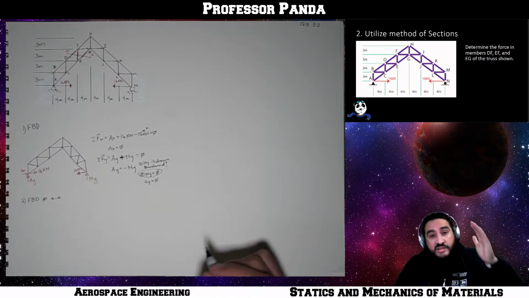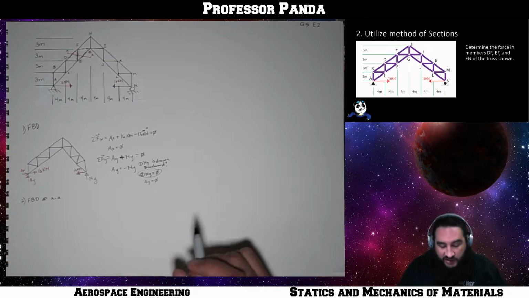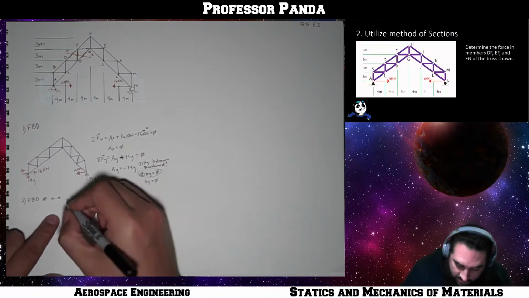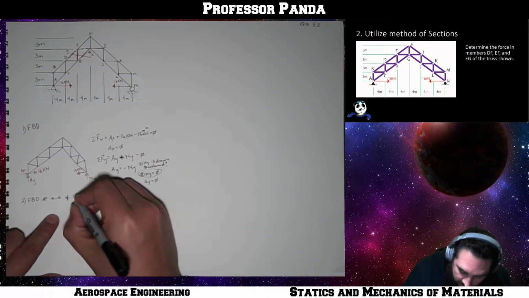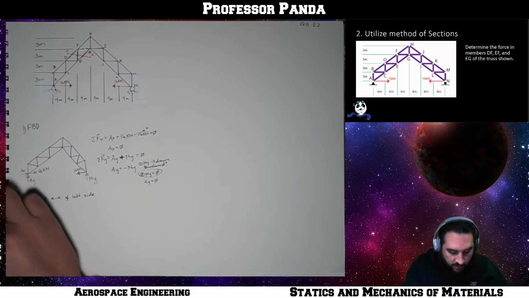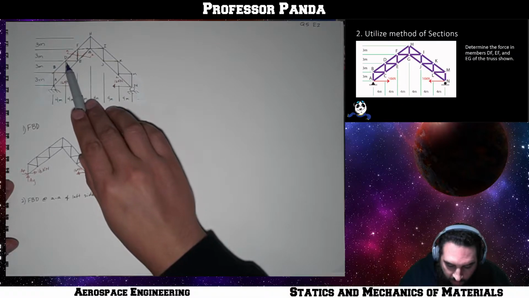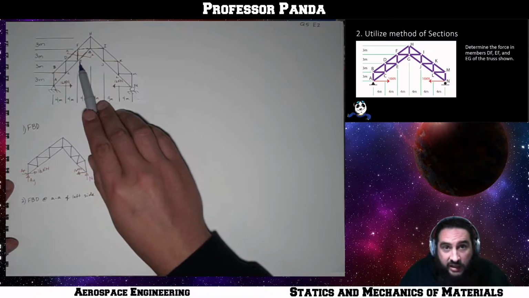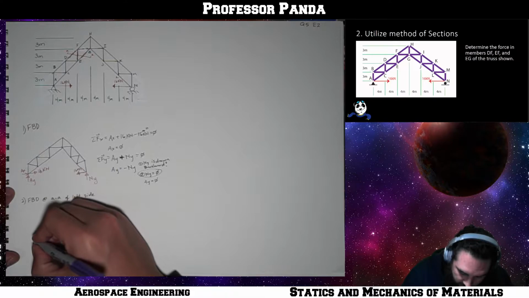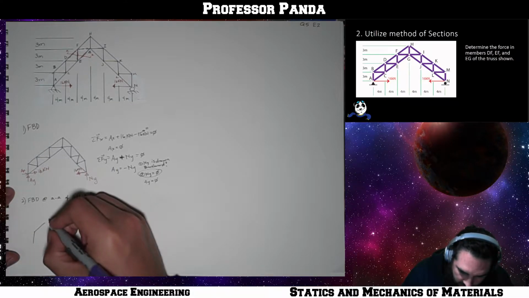With sections, we get a choice of right or left-hand side. I'm going to choose the left-hand side, it's less to draw. Alrighty, so let's draw yet another free body diagram, and we're going to end up with only points D and E. So here we have A, B, D.